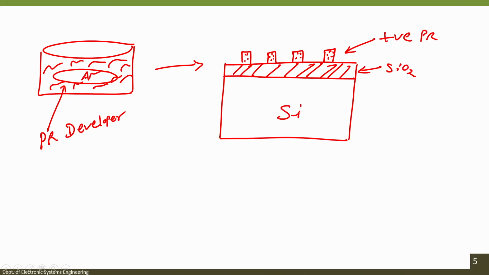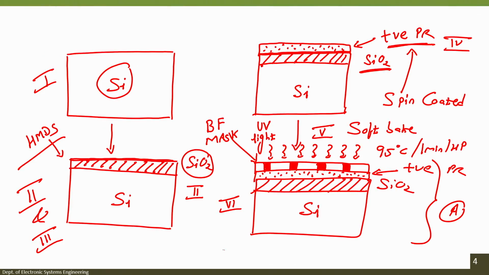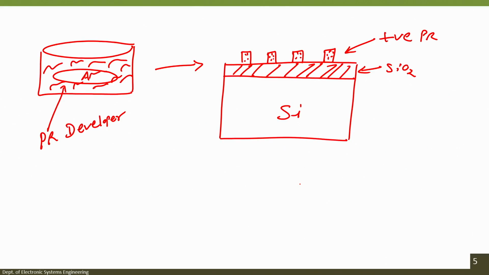You see what happened? Since it is a positive photoresist, the areas which were not exposed got stronger. See the area which is opaque, right? The area of the photoresist that was not exposed by UV light got stronger. You see here.